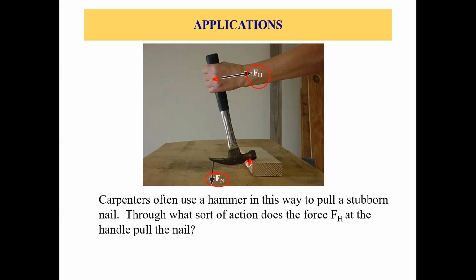So this force Fh is creating some moment at this point, let's say point A, and due to that, it's pulling out that nail. So that's how you can relate force and moment, and this is one of the applications. There are so many applications, right?